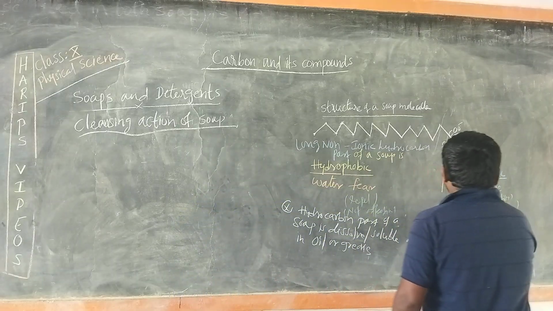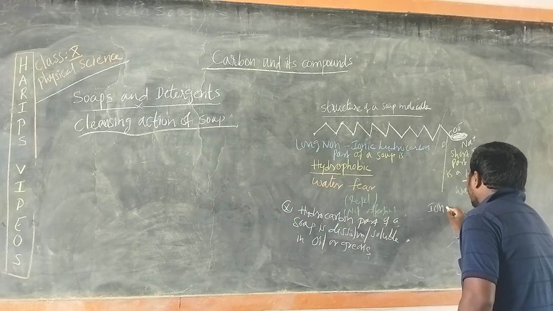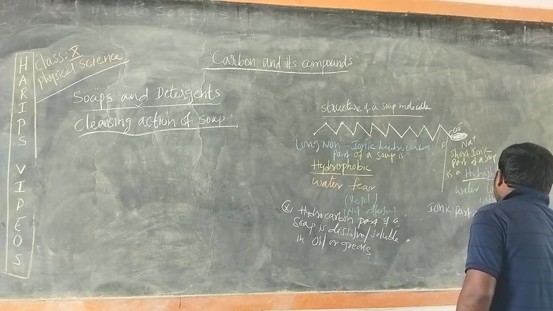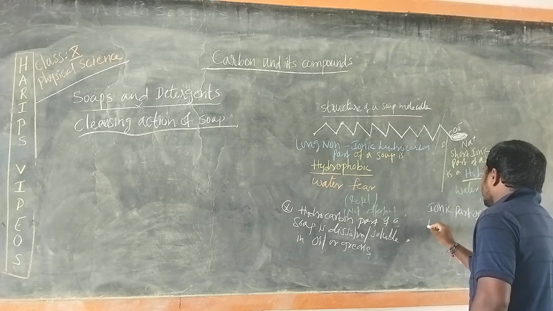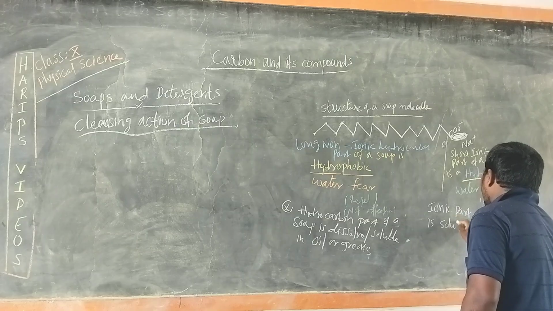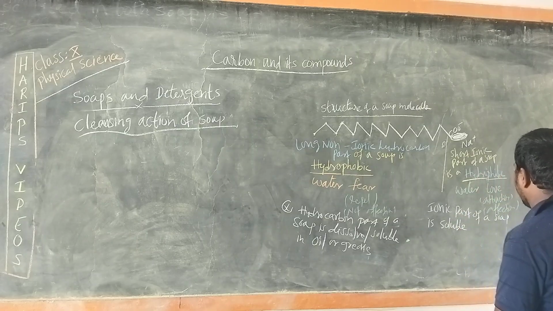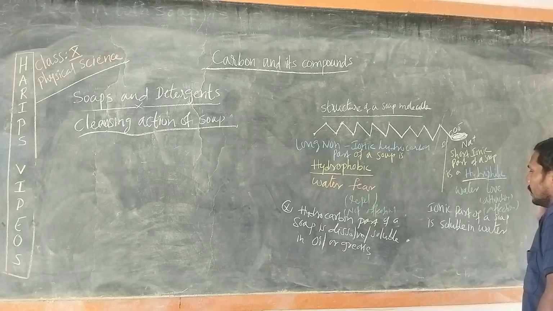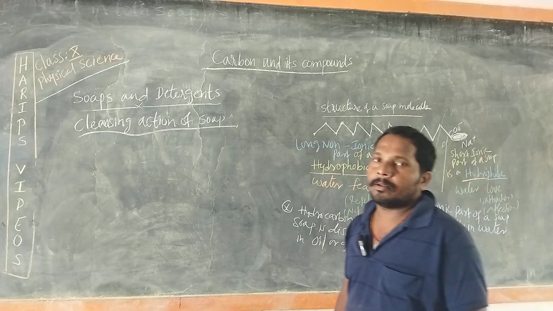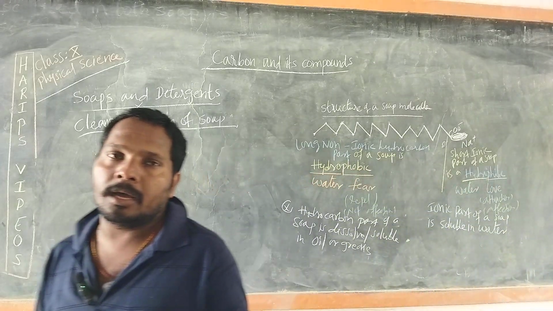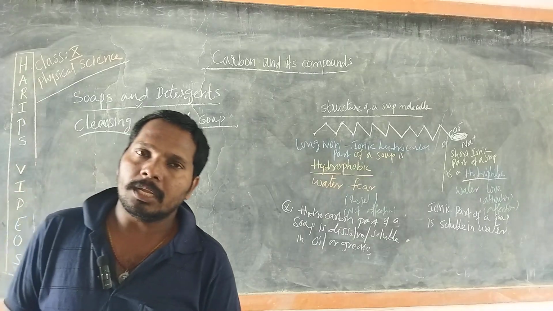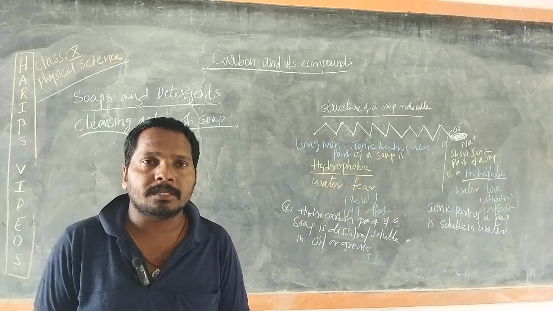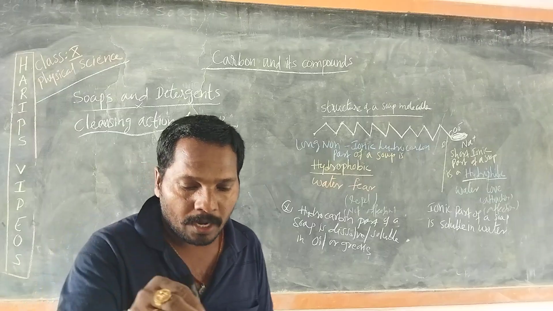Whereas the ionic part of a soap is soluble in water. The hydrocarbon part is soluble in oil or grease present on the dirty clothes, whereas the ionic part of the soap is soluble in water.